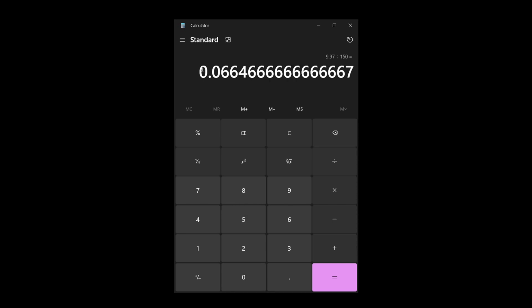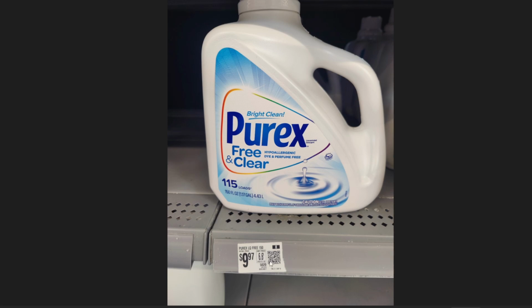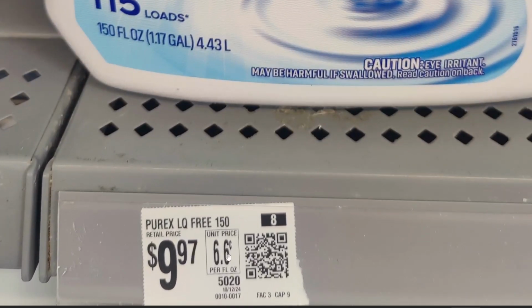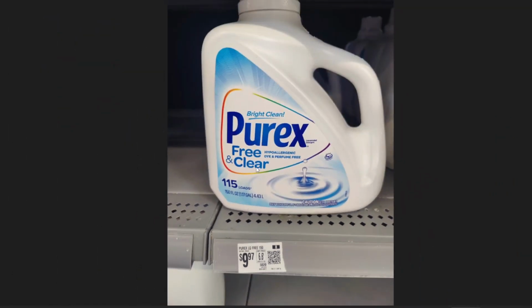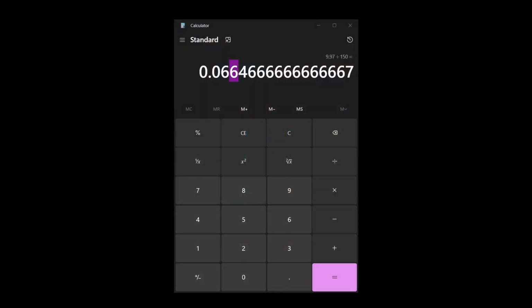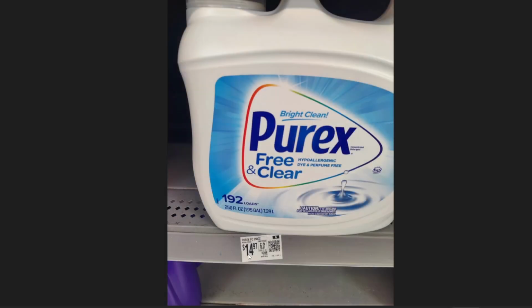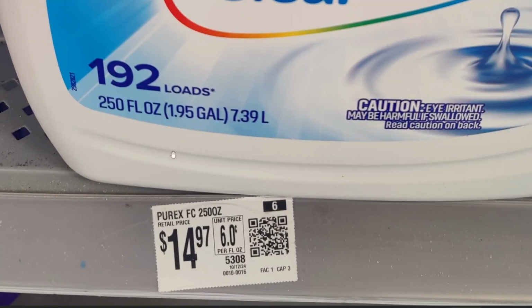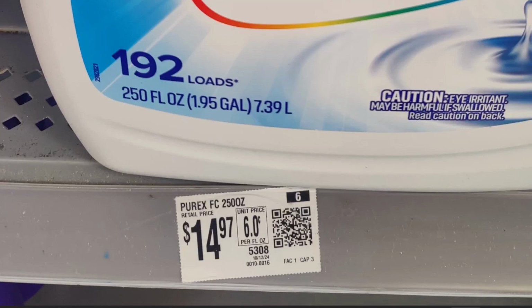And you can see you get $0.06 with a little bit of remainder over here. So we can see that looks accurate. 6.6 cents. Okay. Just for kicks and giggles, we can do the other one. The end product price is $14.97, and we get 250 fluid ounces out of there.